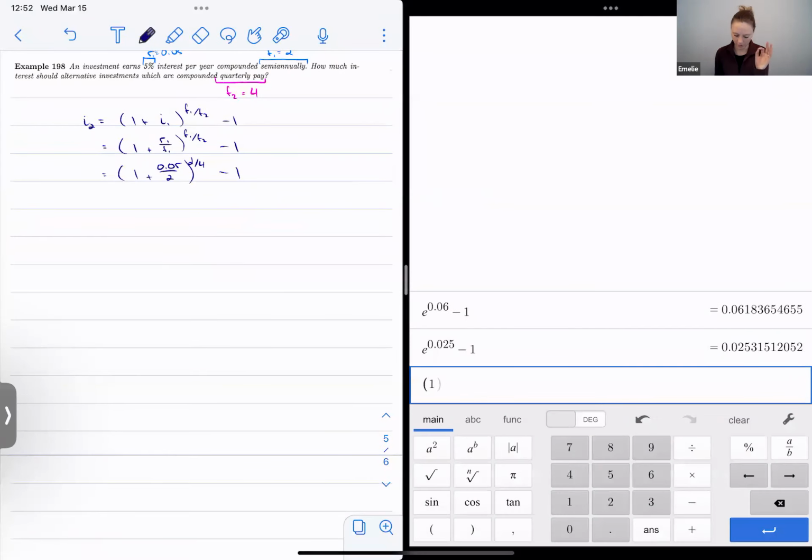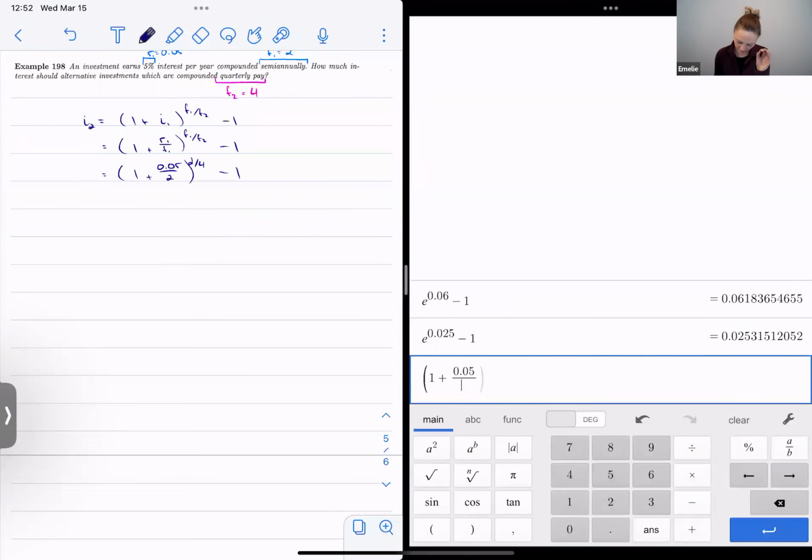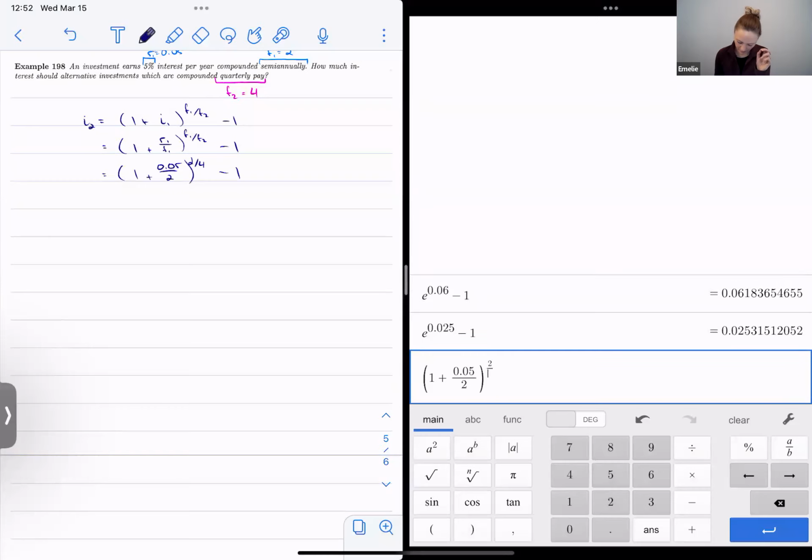Being careful with your brackets again: 1 plus 0.05 divided by 2, to the power of 2 divided by 4. Notice how I'm doing that fraction in the power. You want to make sure that it's all in the power. And then minus 1.